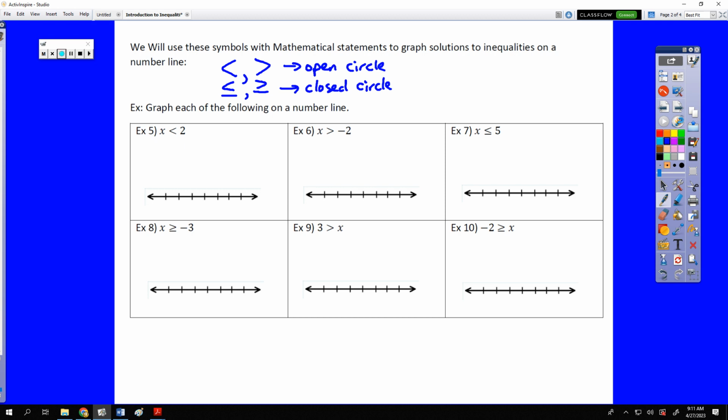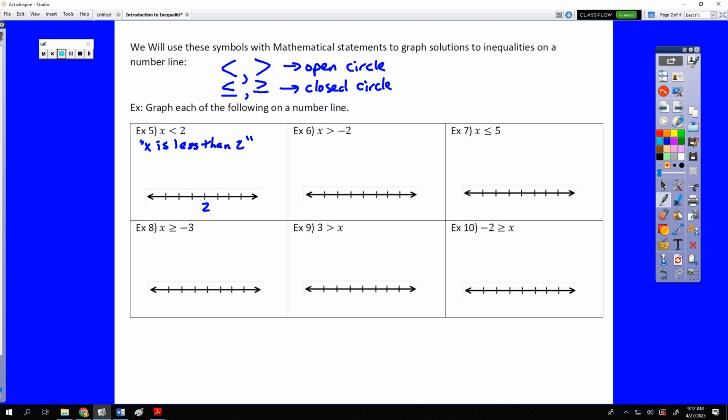So when we solve example 5 and graph x is less than 2, that's what that says: x is less than 2. We go down to our number line and we put 2 right in the middle. Now, we list some more numbers.